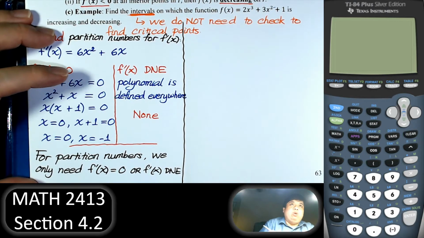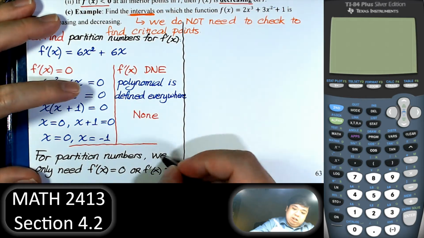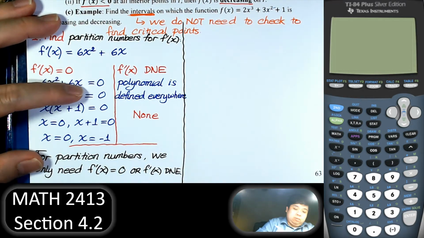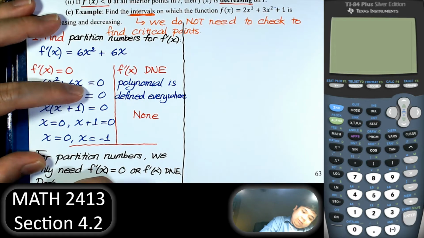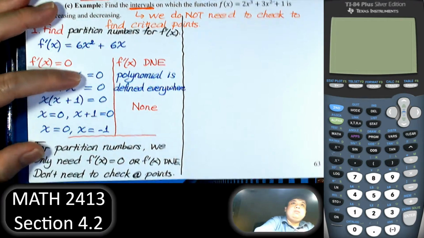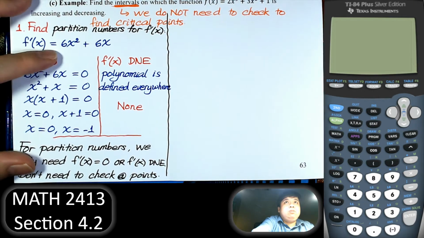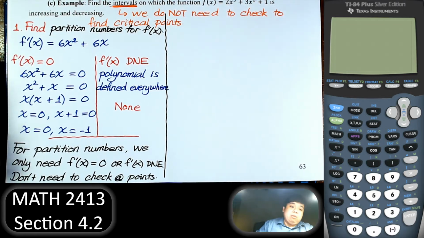Don't need to check at the points because we only need to find an interval. Right, so that's the first step, find partition numbers.